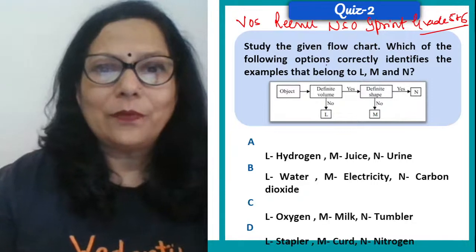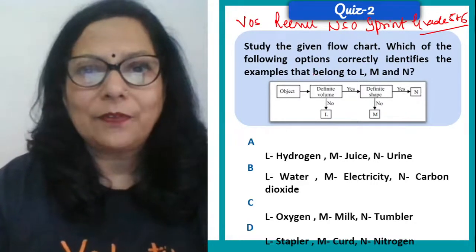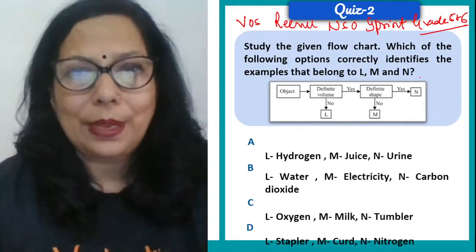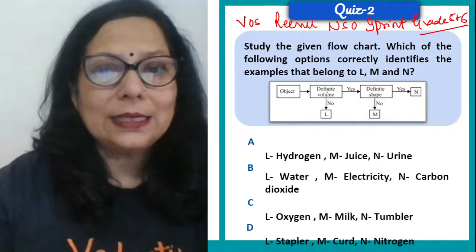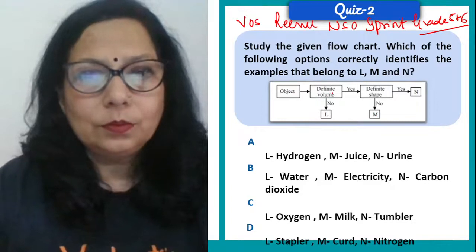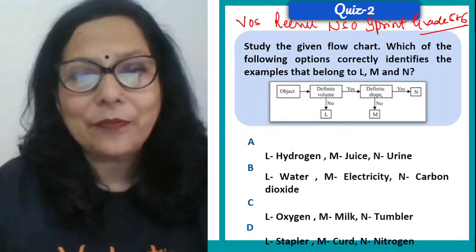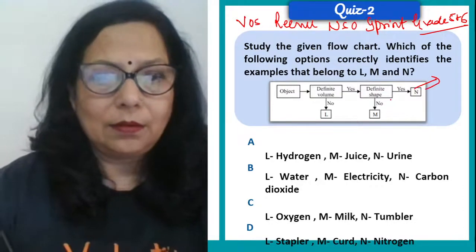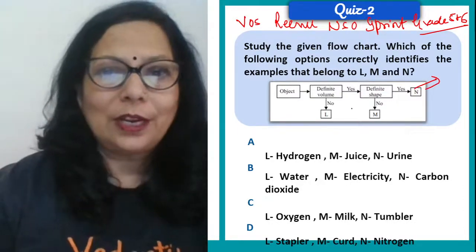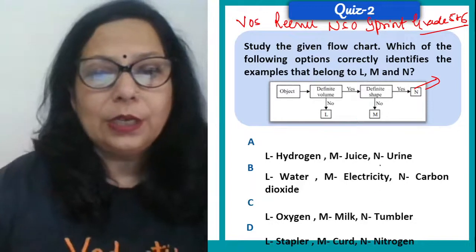Now quiz number 2. Study the given flowchart, see children, you will definitely get questions from the flowchart. Which of the following options correctly identify the examples that belong to L, M, N? This is the object. N has definite volume and definite shape, so first search for N. Definite volume, definite shape will be for solid.